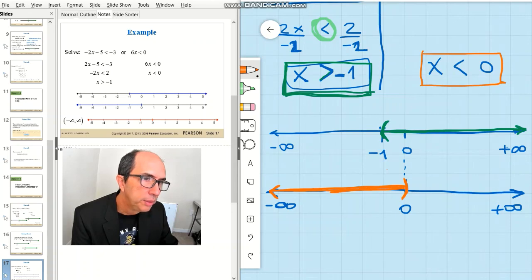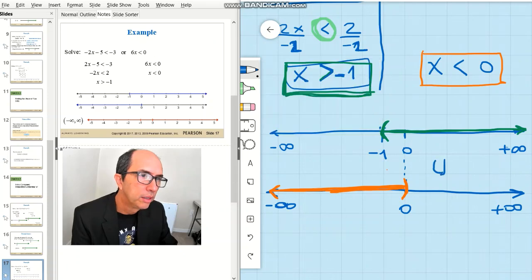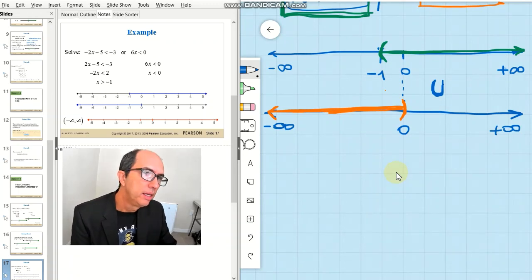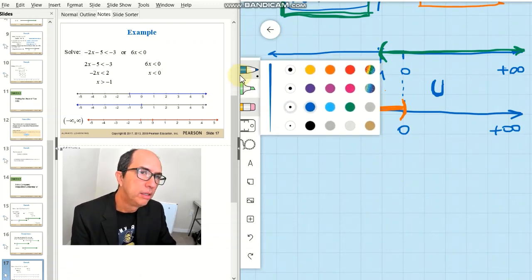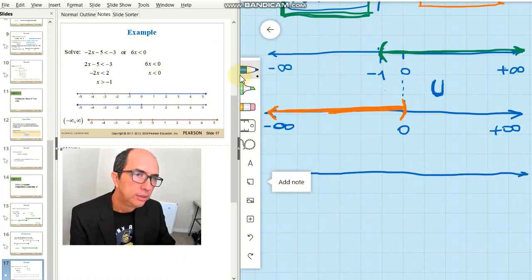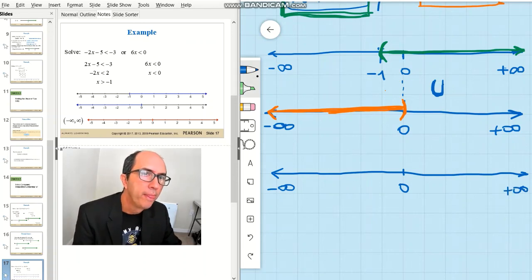And this is interesting because now we are trying to find the union. So the union of this set represented in green with that set represented in orange. Every number that is included in either one or the other set is going to be part of the result of the union. Let's start on this first one.